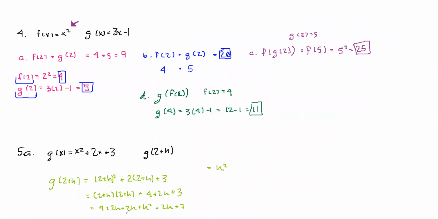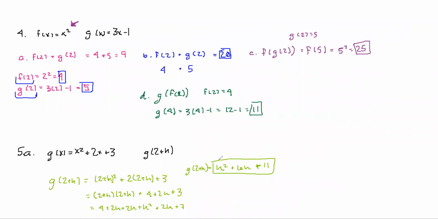And then I have 2h, 2h, and 2h, which is 6h. And I have 4 and 7, which is 11. And this is what it ends up to be. So that is what g of 2 plus h is equal to.